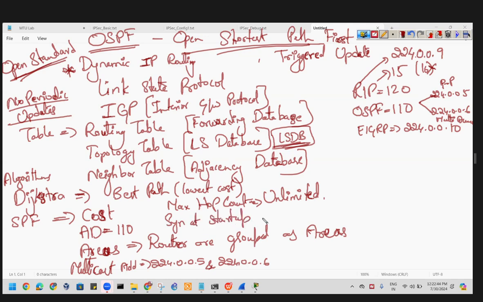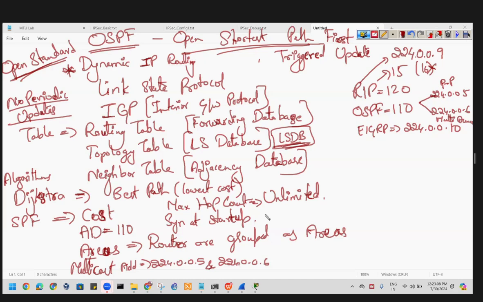Okay. No periodic updates. They synchronize their database when the router has booted, when your OSPF process starts. After the OSPF process has started, it communicates with all the neighboring routers, fetches the information, and builds the routing table, topology table, and neighbor table. After that, there are no periodic updates.